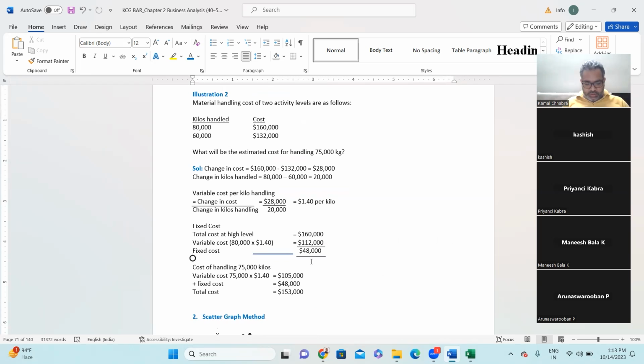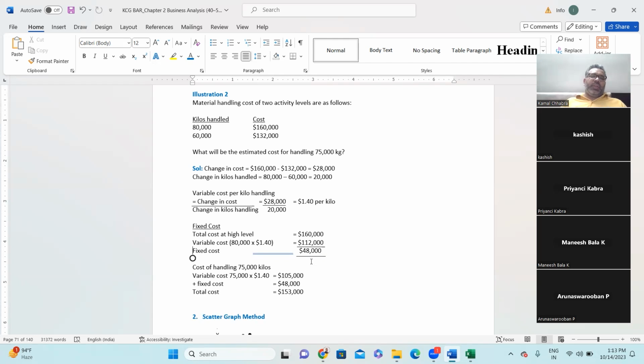Just do the math. 60,000 into 1.4. How much is it? 84,000? Right? So if you say 132,000 minus 84,000, it will give same result, 48,000. Okay.